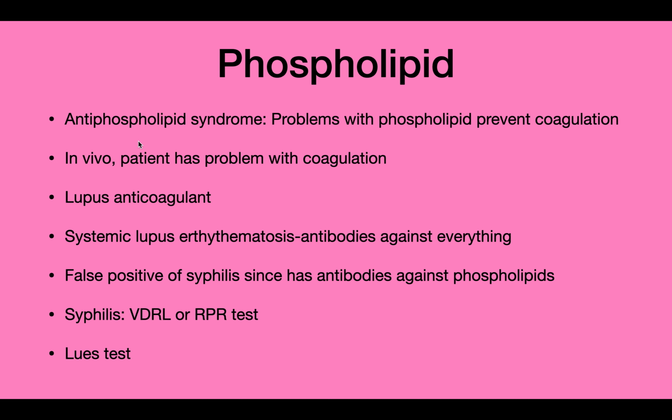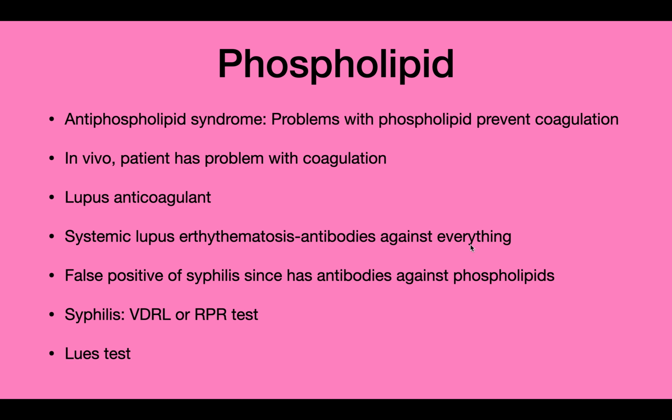So in antiphospholipid syndrome, there's going to be a problem with the phospholipids that prevent the coagulation. So it's in patients that have lupus anticoagulant syndrome, and in systemic lupus erythematosus, there's going to be antibodies against, I said everything, but it's actually nucleic acids and DNA.